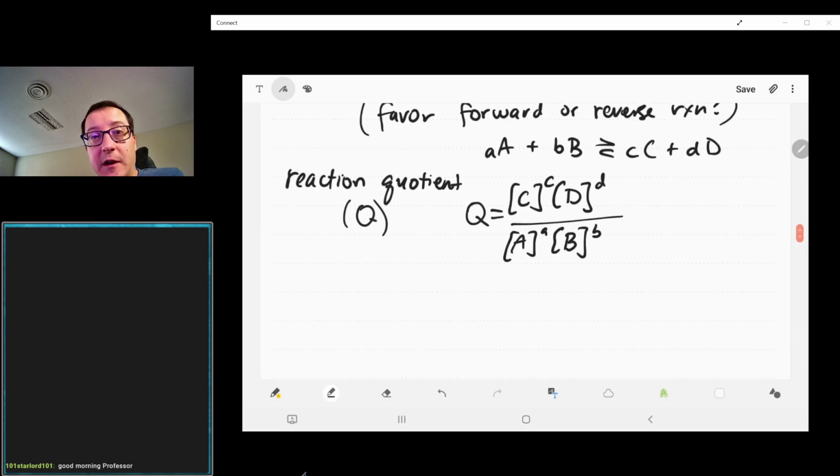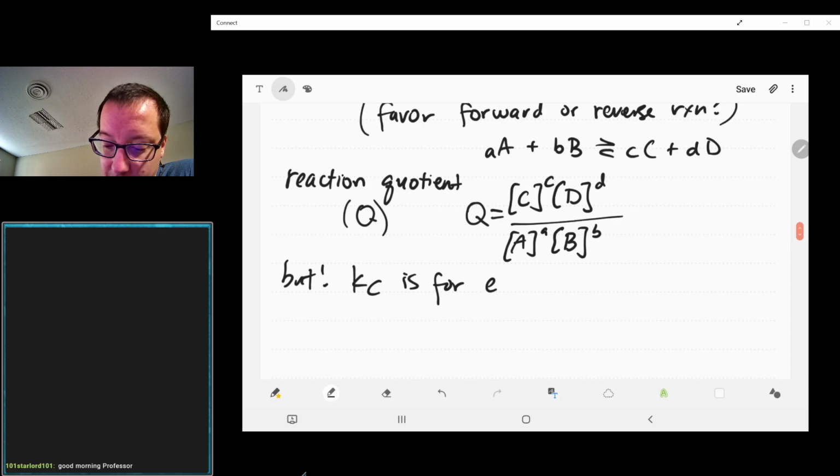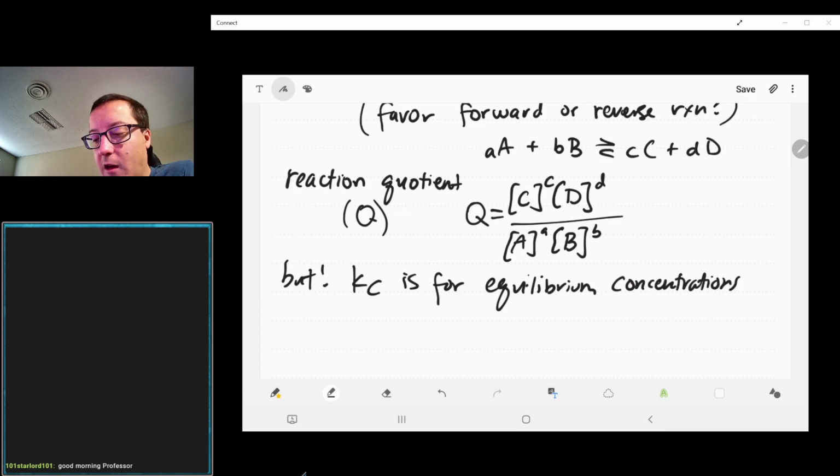You'll see it looks very much like Kc, right? Or Kp. Well, I guess these are concentrations because of the brackets. Kc is for equilibrium concentrations, so it's the concentration at equilibrium, once you've already established equilibrium.